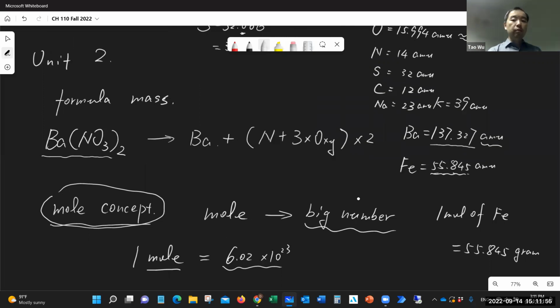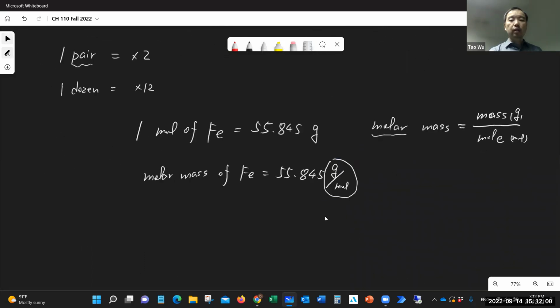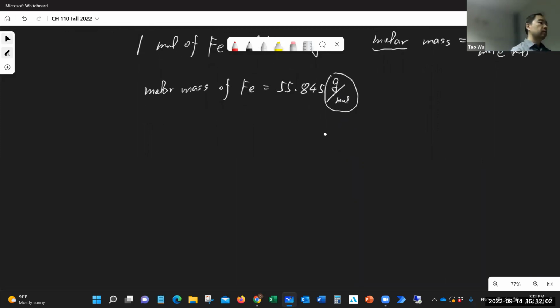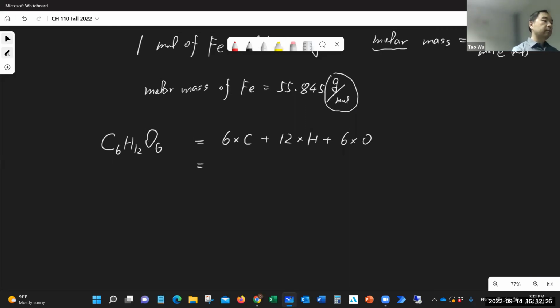So one example is sugar. Let's see what the mass of the sugar is. The sugar is C6H12O6. Okay, the formula. You can see that's combining 6 carbon, 12 hydrogen and 6 oxygen.